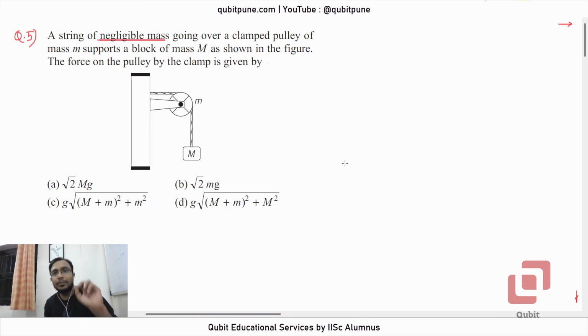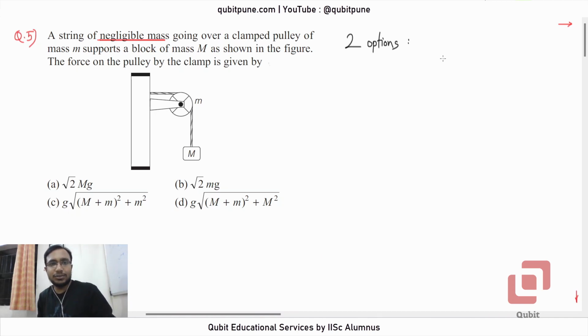Now, you might have been told in theory classes that while drawing the free body diagram, it depends on what system you are going to choose as your body. So there are two options here.